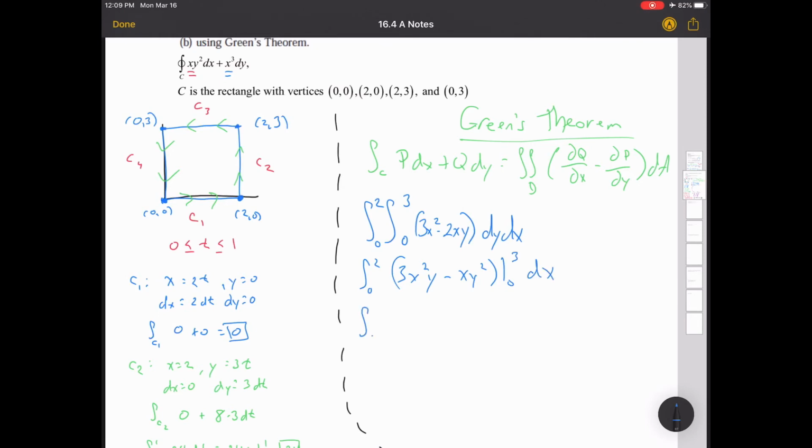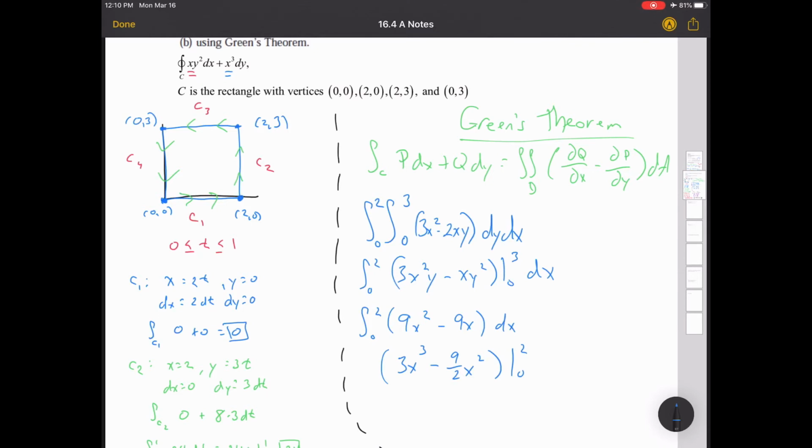Plugging in a 3 for y, we're going to get 9x squared minus 9x. Plugging in 0 will give us nothing, so we're down to this. Taking the antiderivative now with respect to x will give us 3x cubed minus 9 halves x squared from 0 to 2.